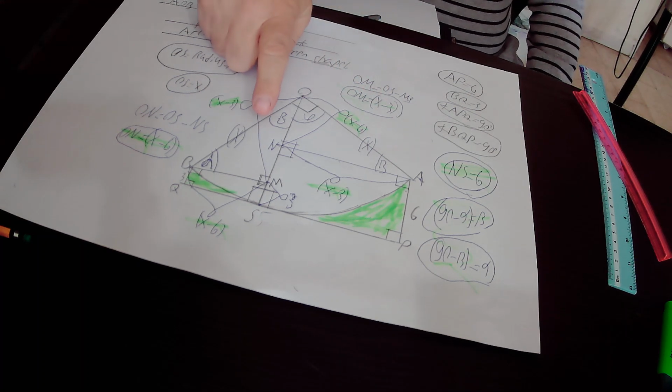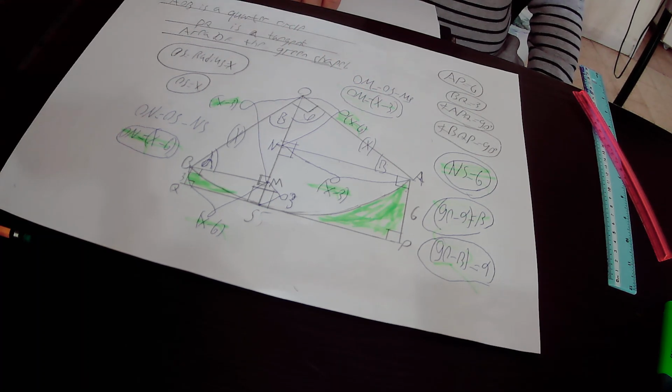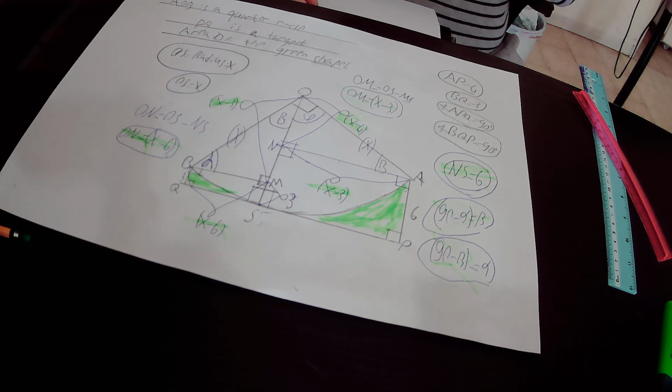So this is the area of trapezoid OBQS plus the area of the second trapezoid, it's actually trapezoid OSPA.